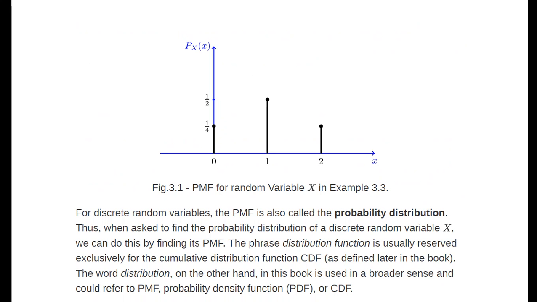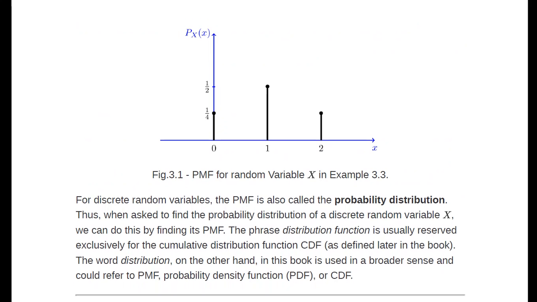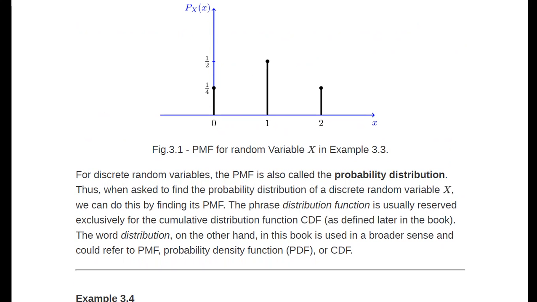For discrete random variables, the PMF is also called the probability distribution. Thus, when asked to find the probability distribution of a discrete random variable X, we can do this by finding its PMF.